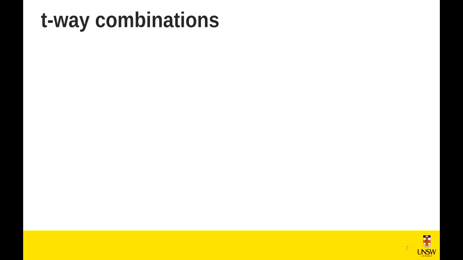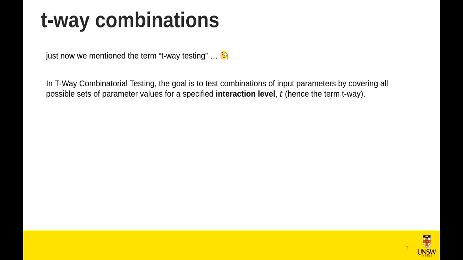And now let's come to the concept of T-way combinations. Just now in the report of NIST, we mentioned the term T-way testing, because combinatorial testing could be described as T-way testing. And T-way testing means we are trying to build different combinations of input parameters to a specific interaction level.